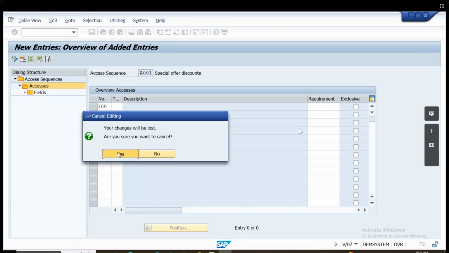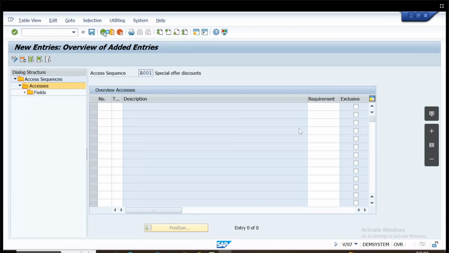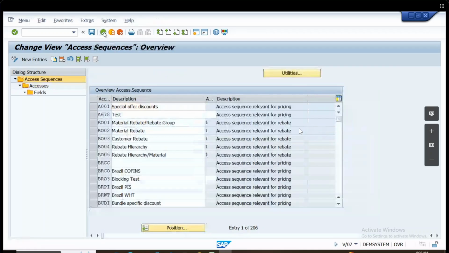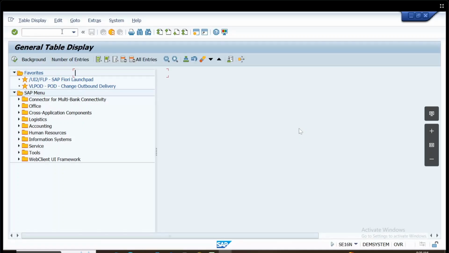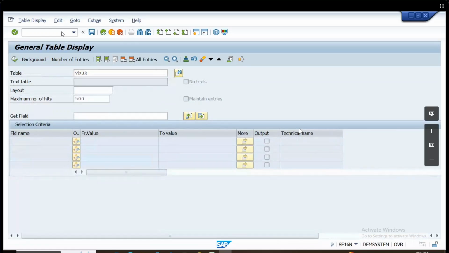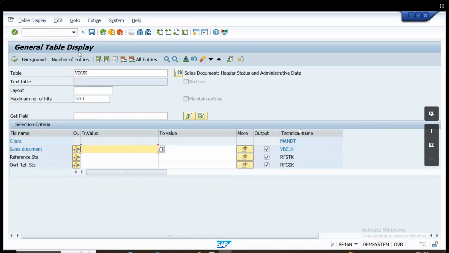Next, if you see the previous example, SC69, VBAK, if you go and check, you will have information like created on.